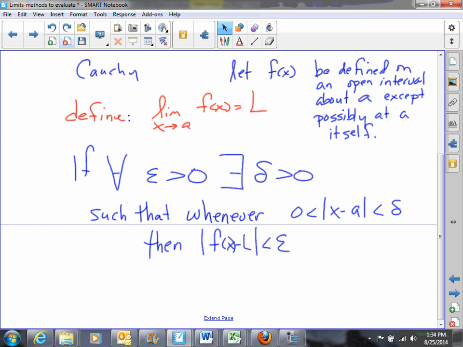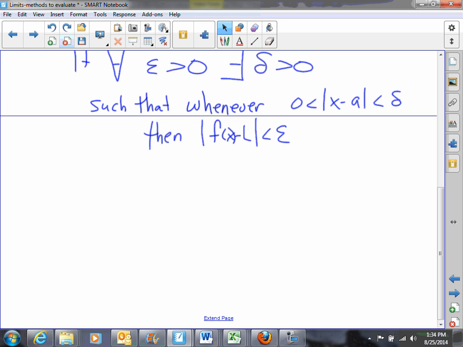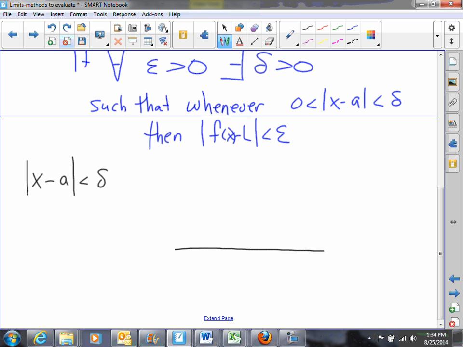The first thing that you need to see is what we really mean when we say the absolute value of x minus a is less than delta. So let's come out here and do a number line, and here's 0. Somewhere over here we're going to put a.